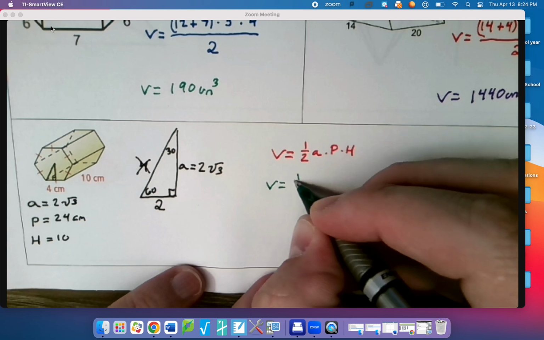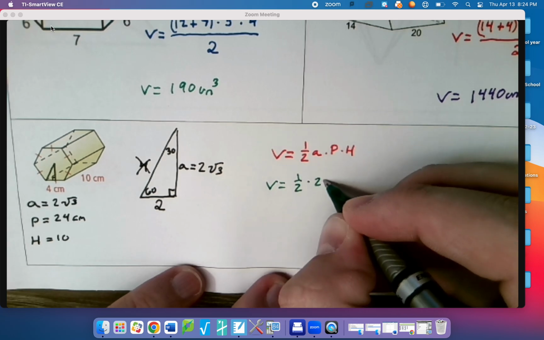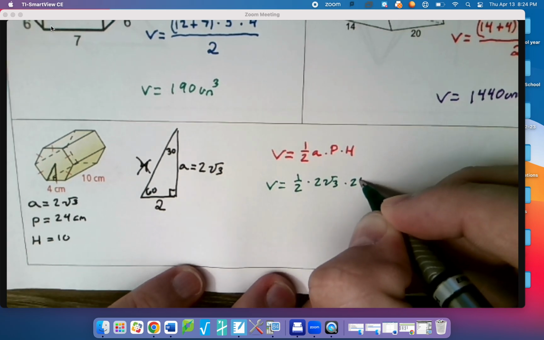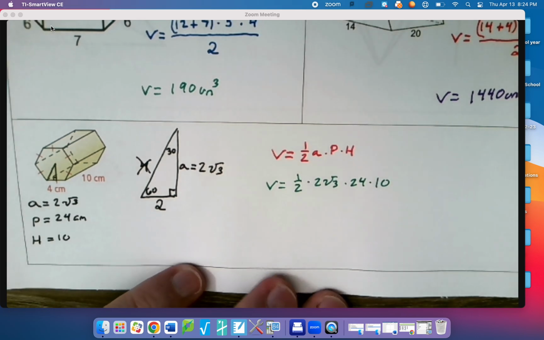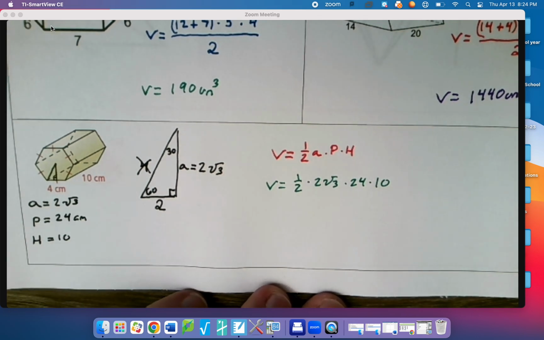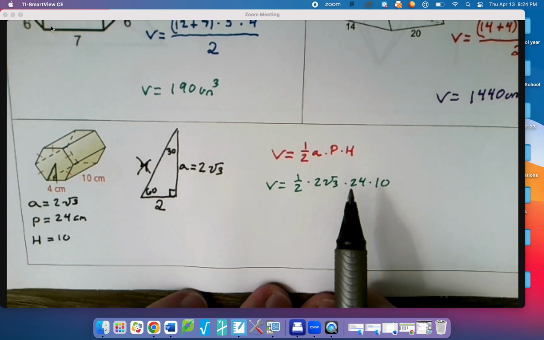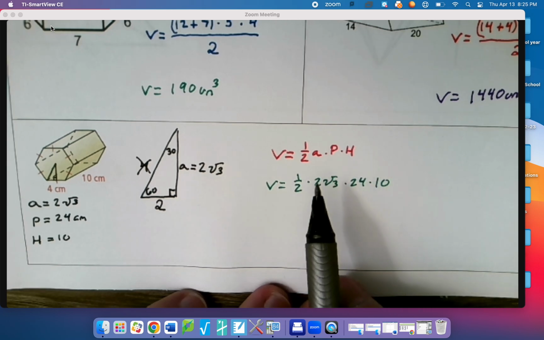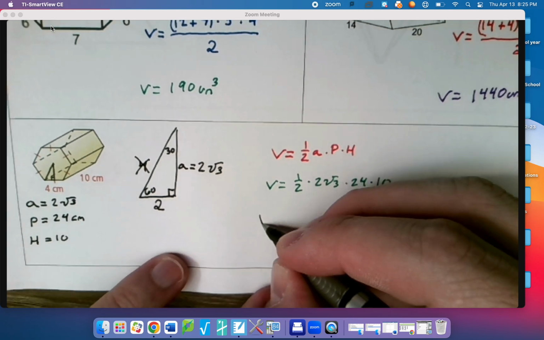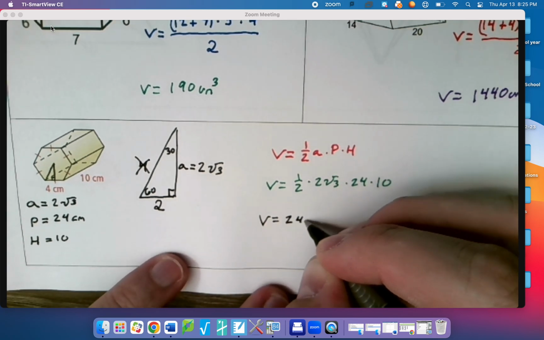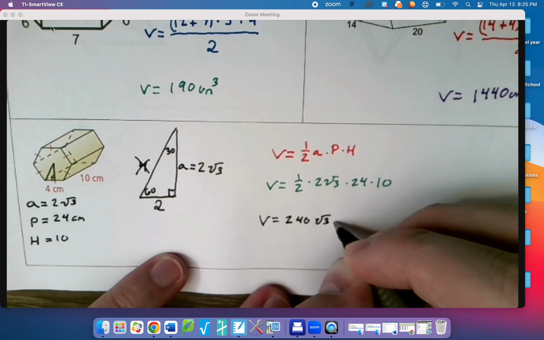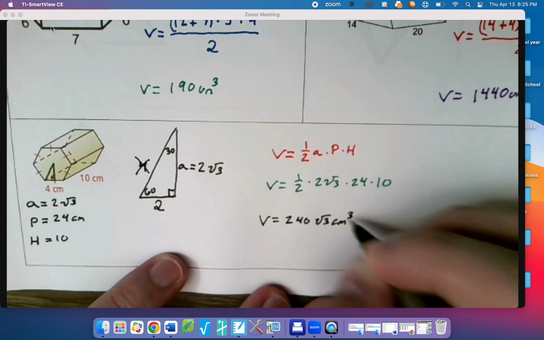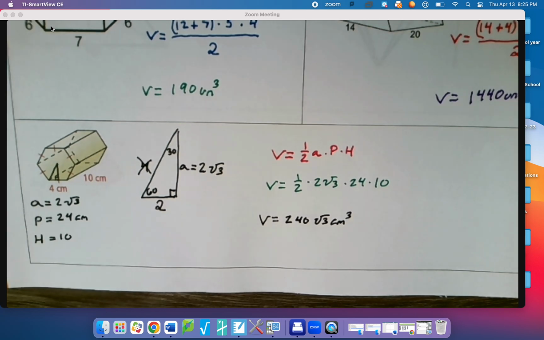So our volume is 1/2 times 2 root 3 times 24 times 10. So we end up with 240, which times the 8 gets us 480. I'd cut that in half. I'm back to having 240 root 3 centimeters cubed worth of volume. And that is how you find the volume of prisms.